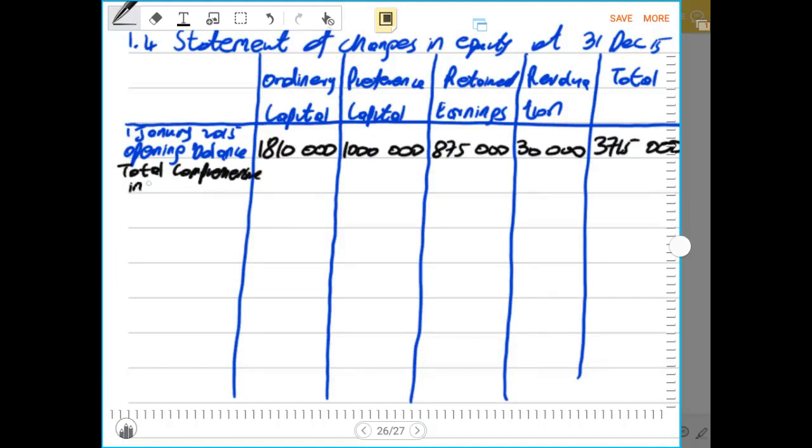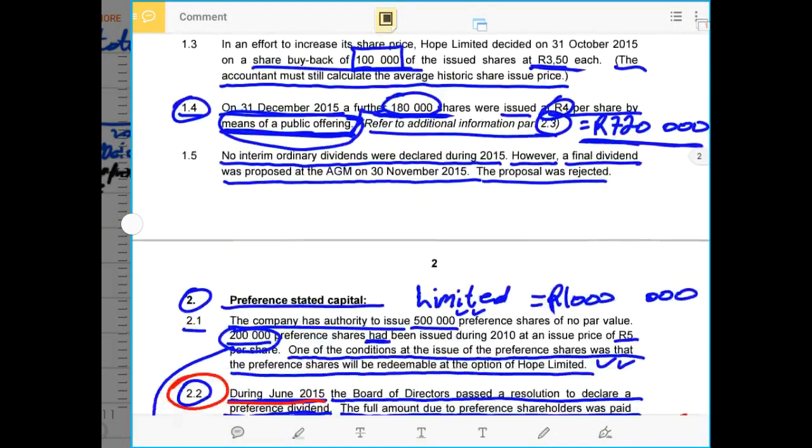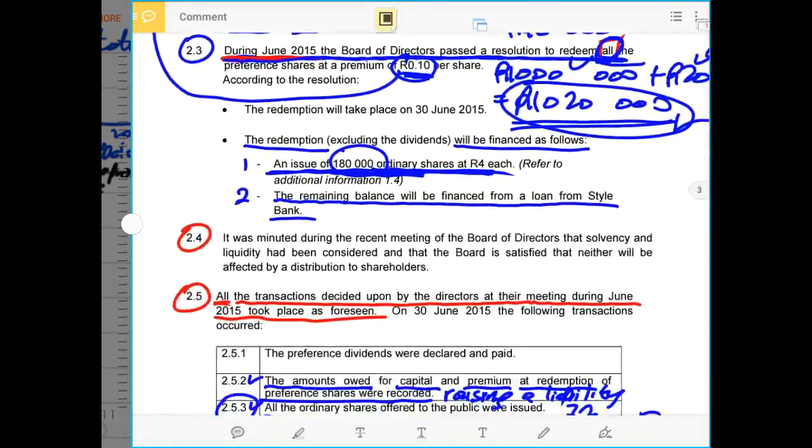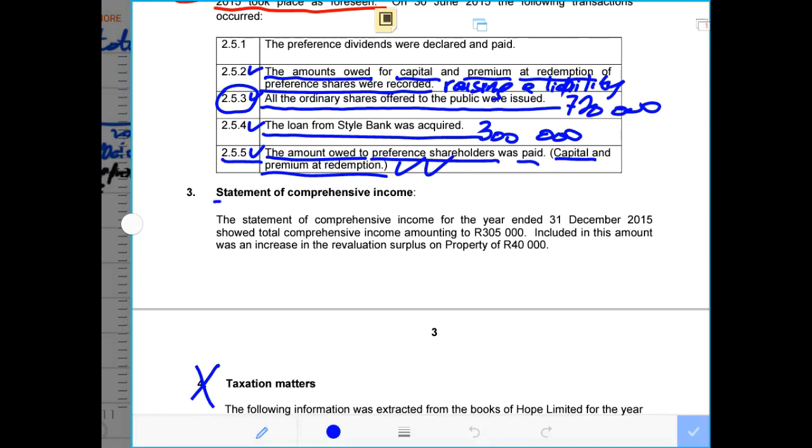Our total comprehensive income was 305,000, if I still remember. Total comprehensive income is from the statement of comprehensive income.